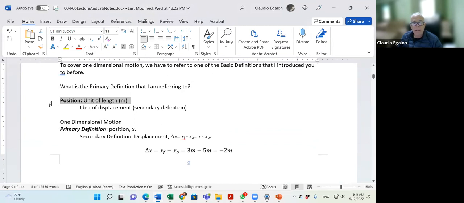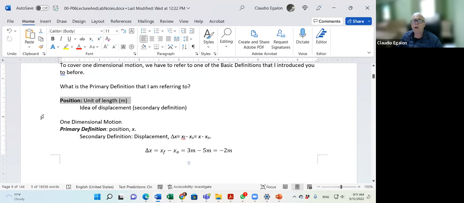And then we also define something that we call displacement. Remember, displacement is different from position. And there is a specific definition for displacement. Displacement is something that depends on the definition of position.